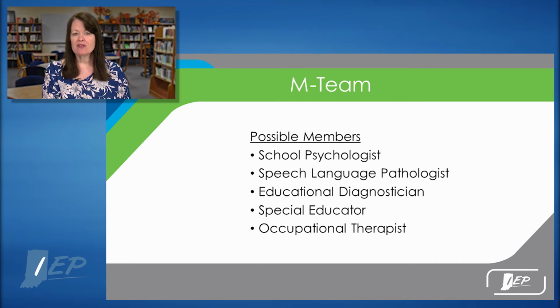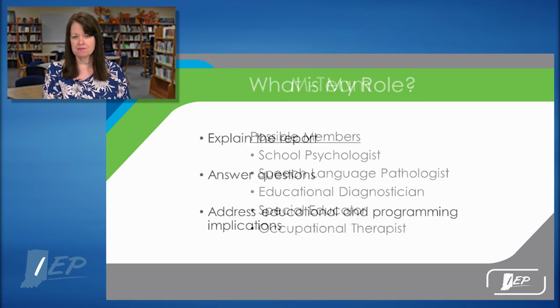And I think everyone out there who's watching this right now, you're probably assessing for yourself, okay, well, I'm comfortable explaining certain parts, but maybe not all of them. So we have to think about, who do we need to have there? Who needs to explain things, or could I get myself ready to explain those things and be the representative? Because again, it's not legally mandating any one of these people to be there, just saying that we have to have a representative from the multidisciplinary team at the meeting.